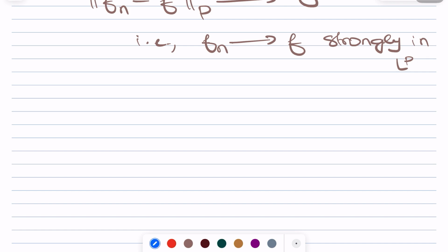So in this case, you can always extract a subsequence that converges pointwise, up to a null set.